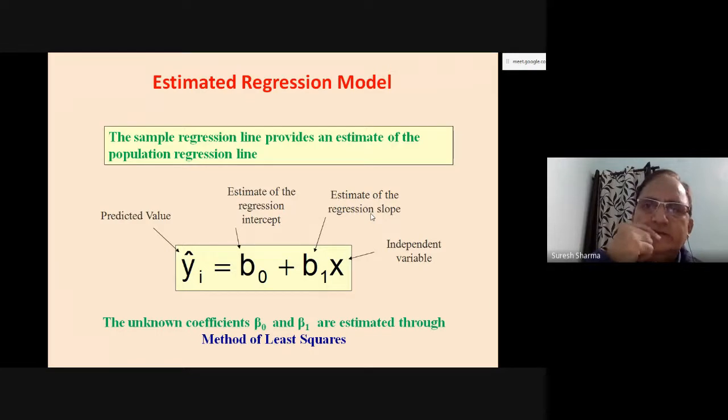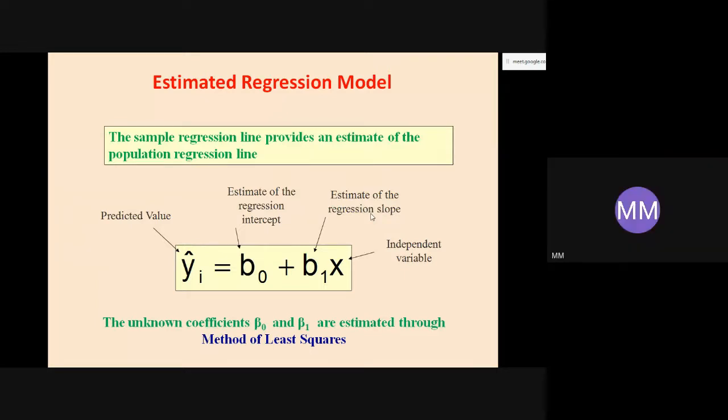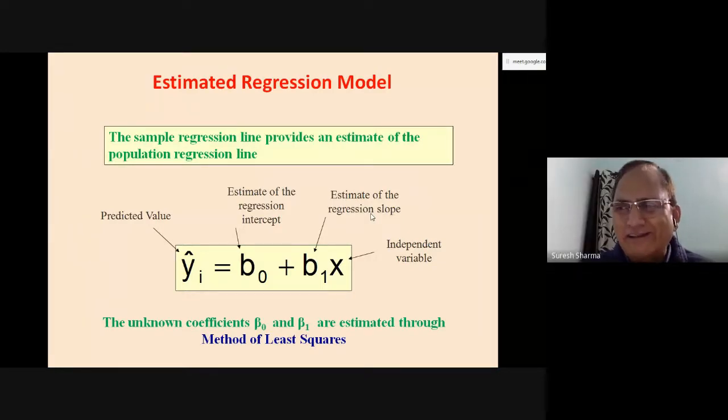Sir, what if there are outliers in our data? If there is an outlier in your data, can we include that in the error term? No, an outlier is not an error.